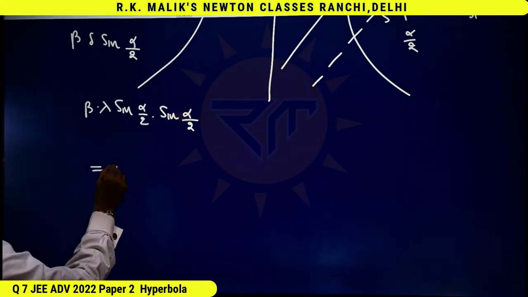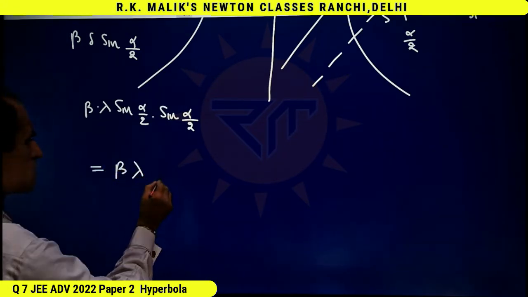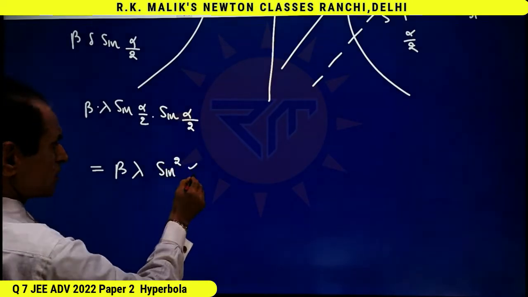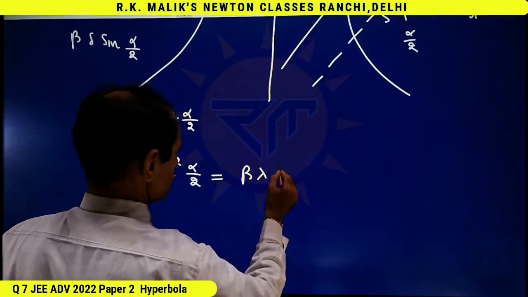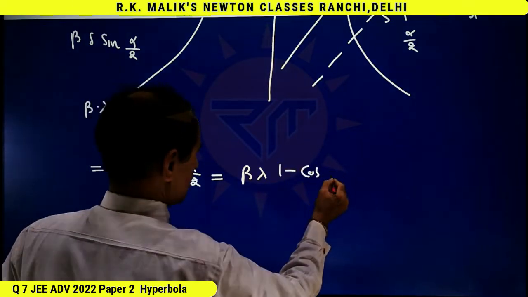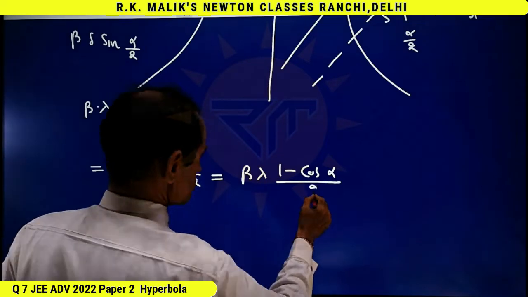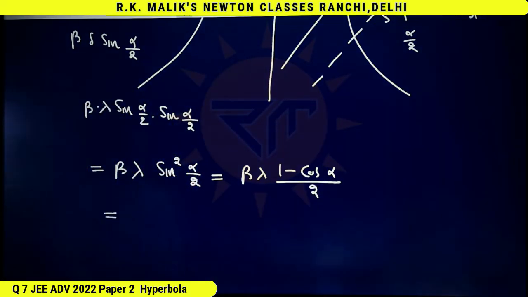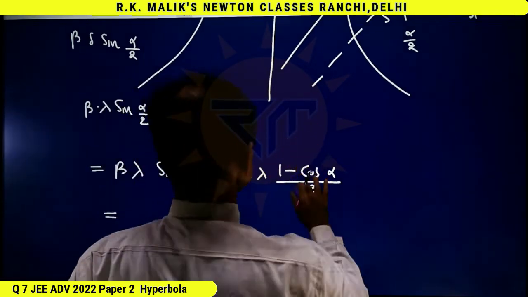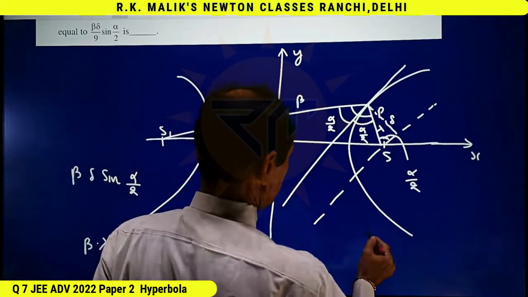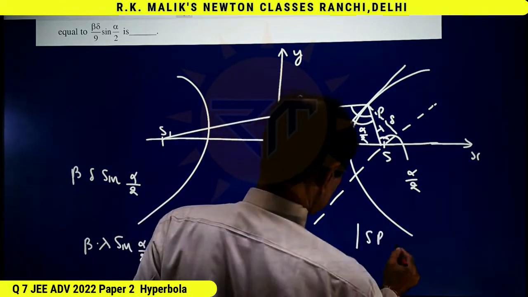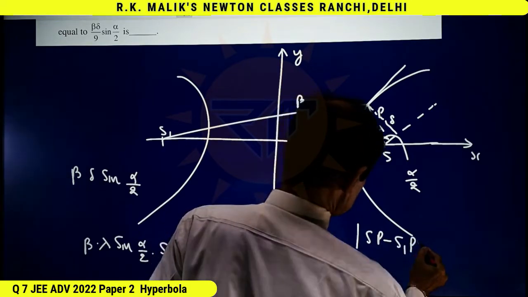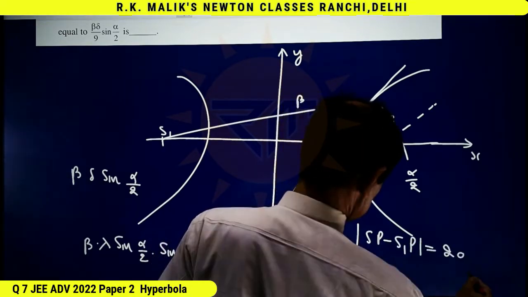This is equal to beta lambda sine square alpha by 2, that is beta lambda into 1 minus cos alpha by 2. This is equal to, and further to calculate it, I know that for any point P on the hyperbola, mod of SP minus S1P is always equal to 2A.